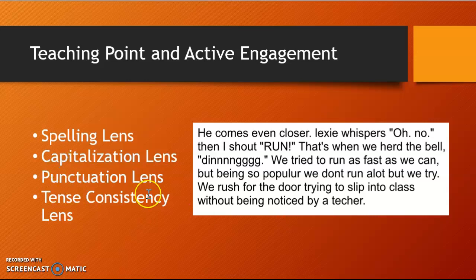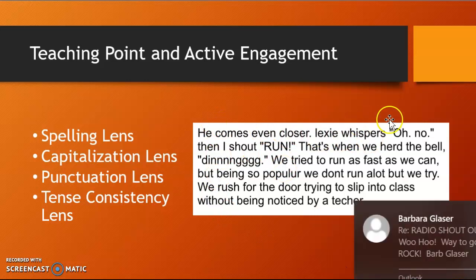Next, I'm going through my punctuation lens. This is where you want to make sure not only that you have punctuation at the end of each sentence, but that you also have commas where commas are supposed to be used, especially if you're using dialogue. If you're using dialogue within your story, which everyone should have some of, you definitely need commas to offset your dialogue.